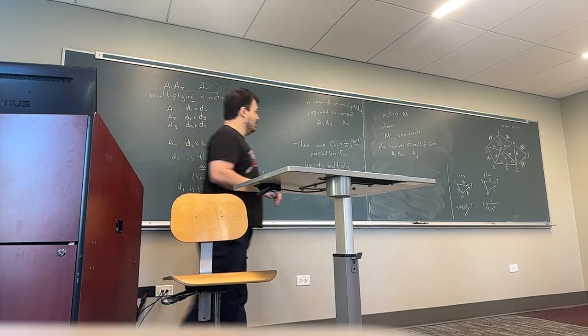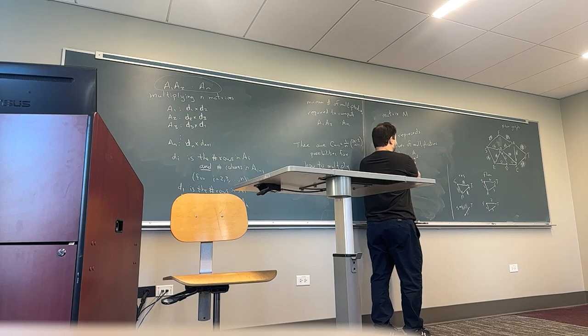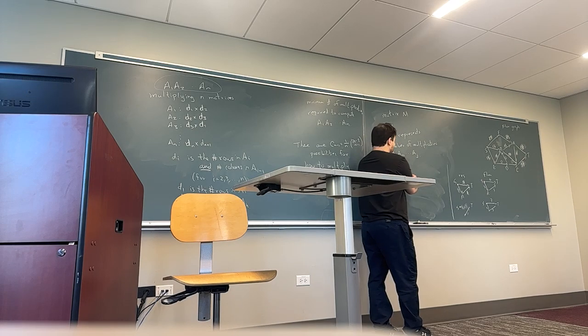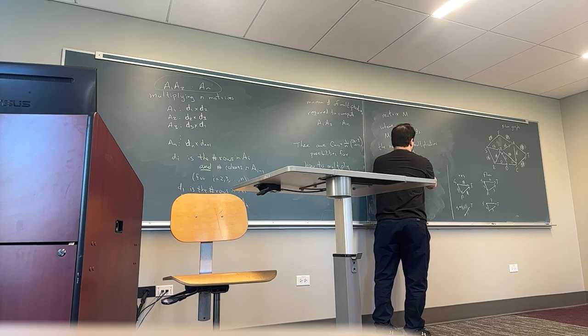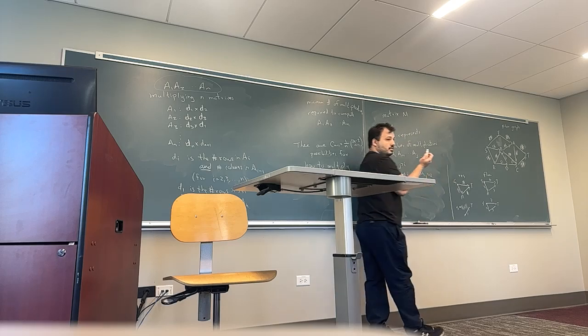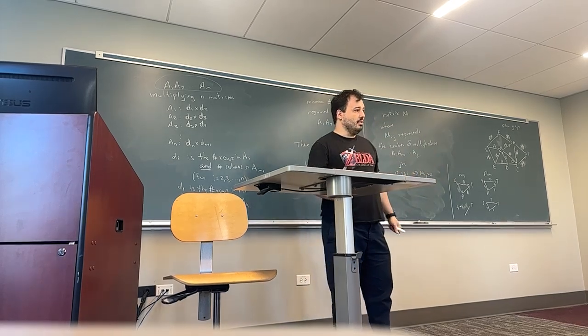So for this to make sense, j has to be bigger than i. If j is less than or equal to i, then Mij will just be 0. So a lot of it you can just fill out right away.